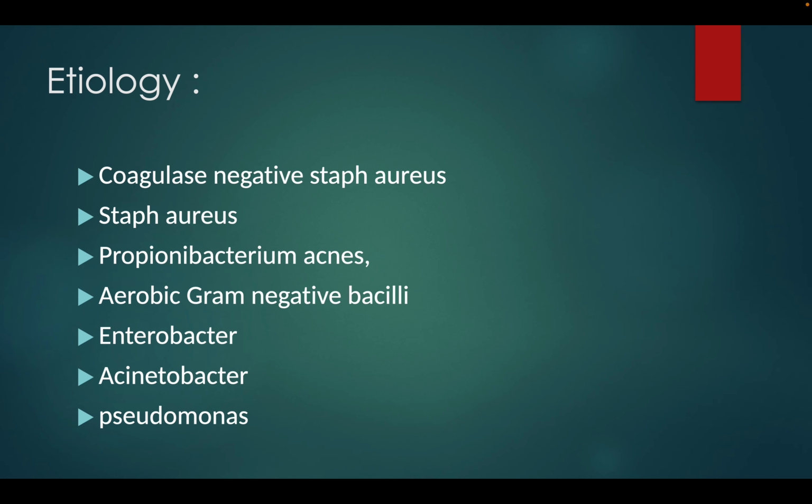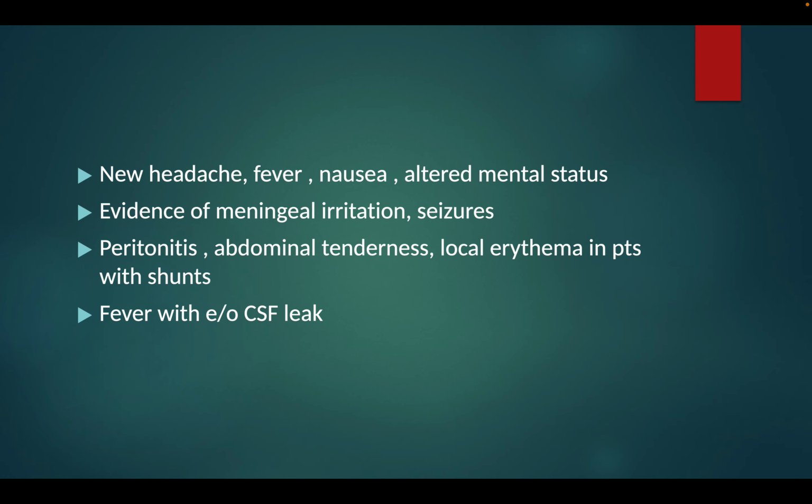So the causative organisms can be either coagulase negative Staph aureus or Staph aureus or MRSA, the Propionibacterium acnes, aerobic gram-negative bacilli, Enterobacter, Acinetobacter, and Pseudomonas. And I remember we actually had culture growth of Acinetobacter in this patient.